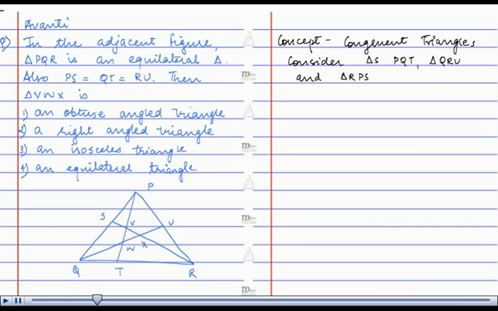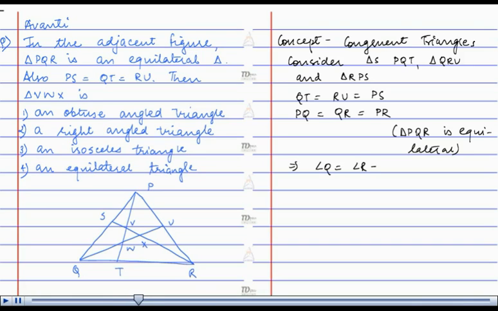Now, in the question it is given that QT is equal to RU is equal to PS and PQ is equal to QR is equal to PR, since triangle PQR is equilateral triangle. This implies angle Q is equal to angle R is equal to angle P is equal to 60 degree.